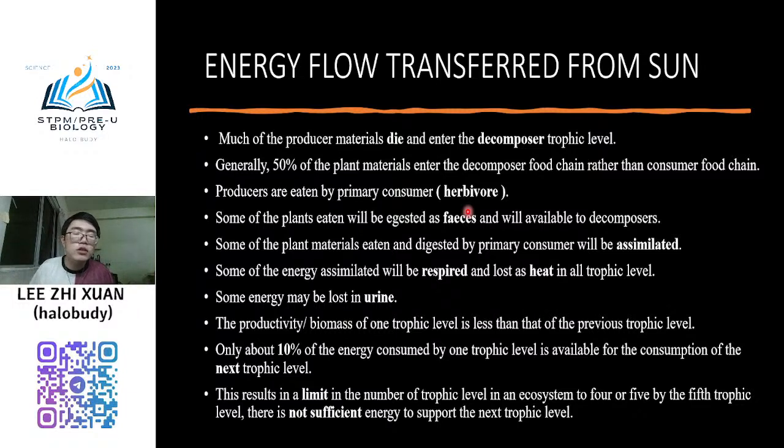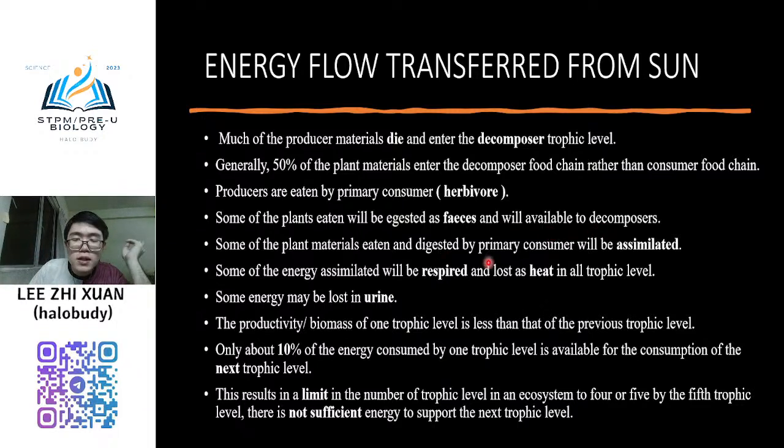So there are many situations. The first situation is that when the primary consumer, our animal, eats, some will be egested as feces. These feces will be available for the decomposer, so for microorganisms.